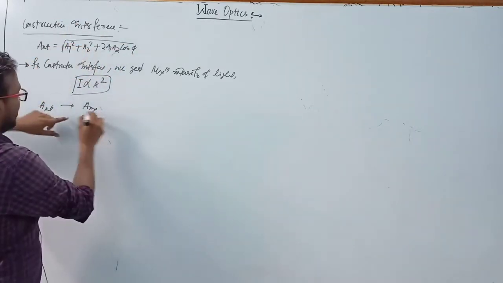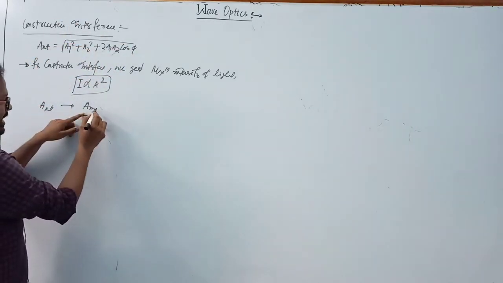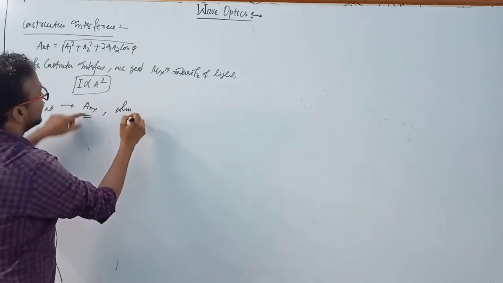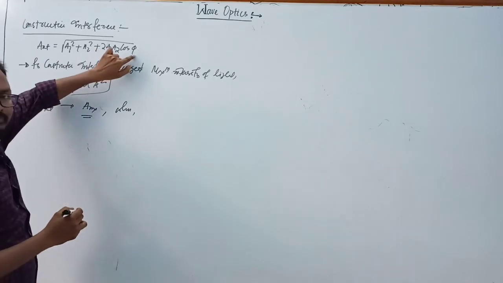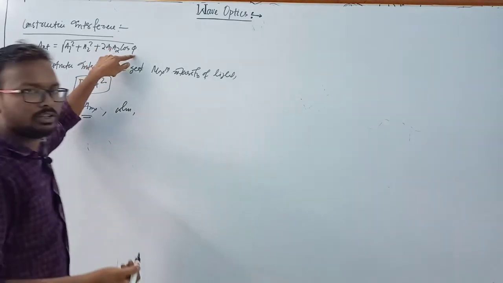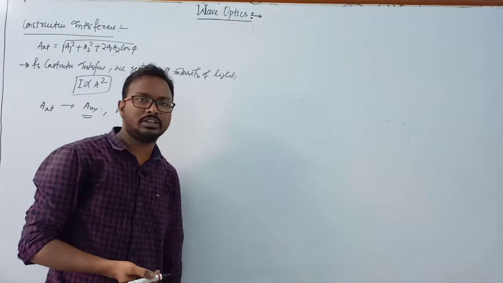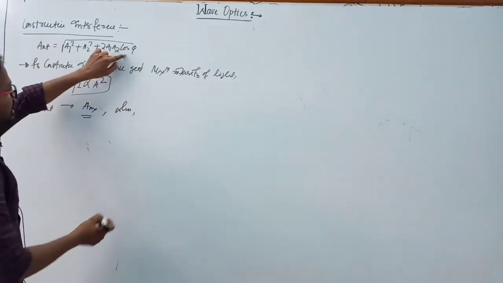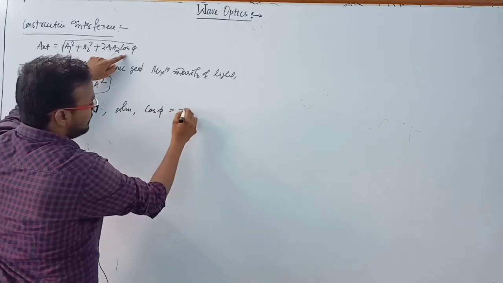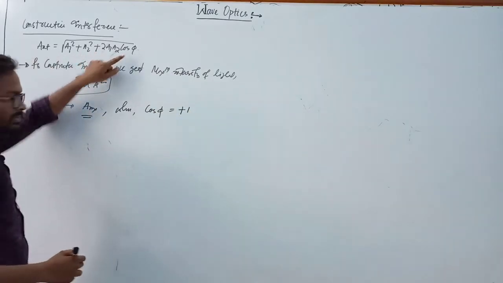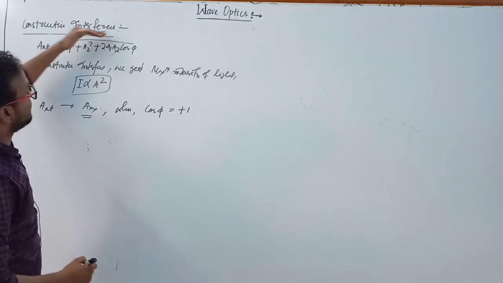For maximum, A net will be A max when the term cos phi, because A net depends on this cos phi, has its maximum value, which is +1, while the minimum value is -1. So when the value of cos phi is +1, we get constructive interference.